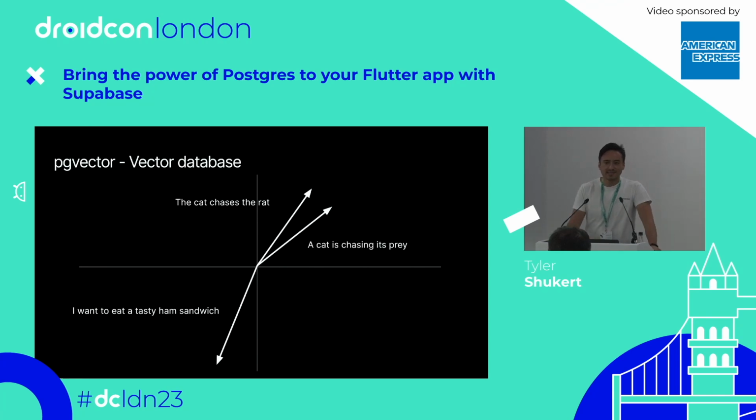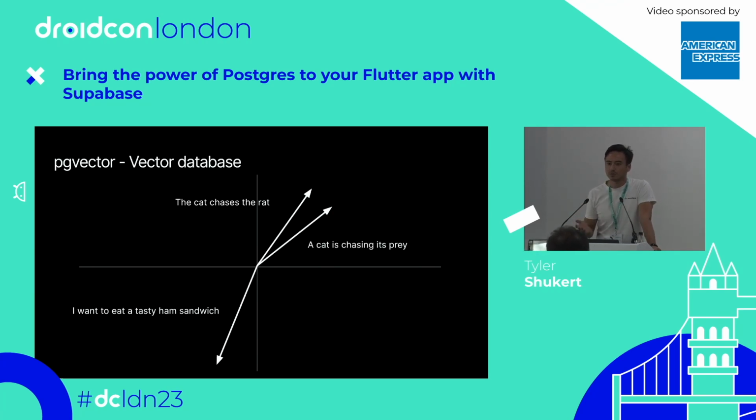Another one of my favorite extensions is pgvector, and this is what powers the vector databases that Supabase offers. It's becoming very popular lately with the emergence of AI databases. For those that are not so familiar with vector databases, what it does is it converts data into a vector.